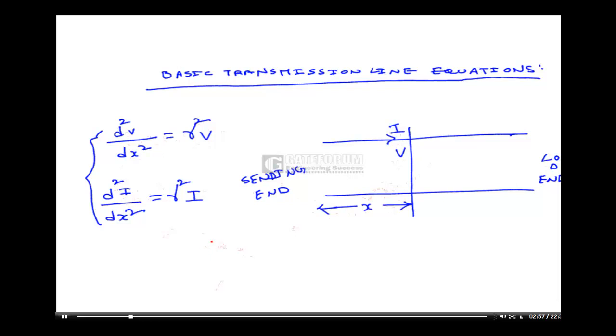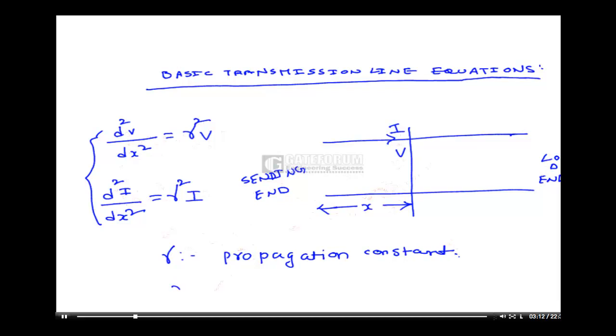Here this gamma is called the propagation constant.